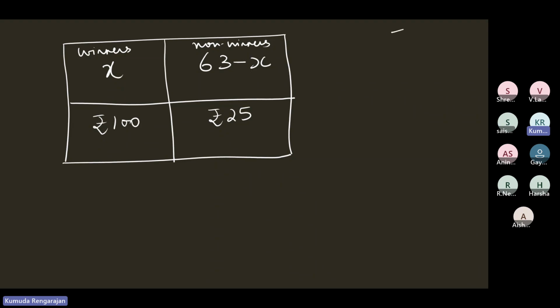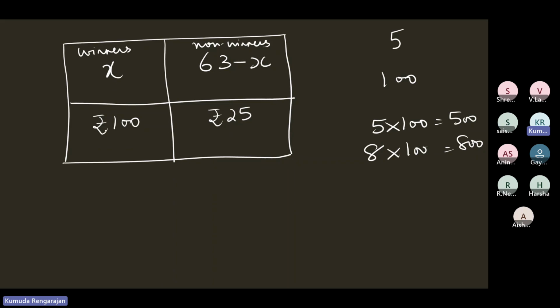If there are 5 winners, each of them gets 100 rupees, so the total money distributed among the winners is 5 into 100, 500. If there are 8 winners, 8 into 100, 800. Here we do not know the number of winners. X it is.